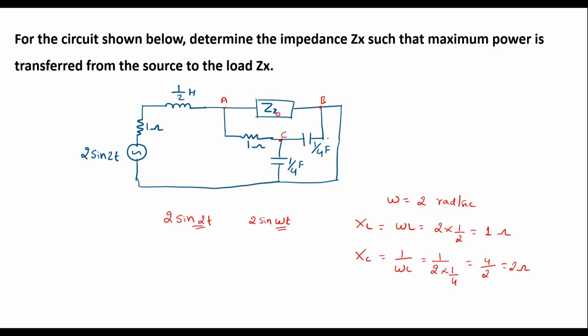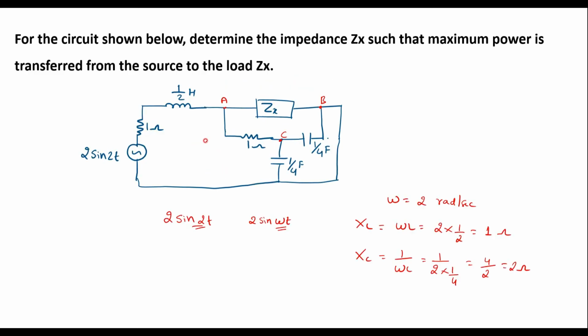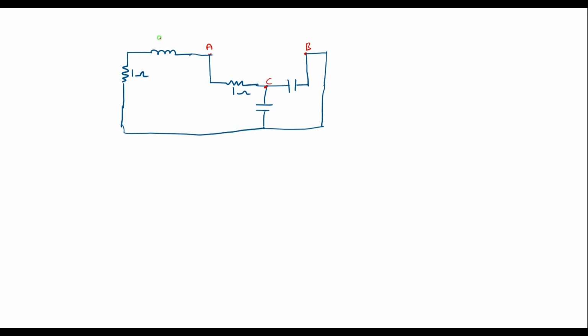Now to find Zx, we have to remove this Zx from the network and we have to short circuit the voltage source. So let me redraw the circuit. Here I have short circuited the voltage source. I will replace the inductance value, half Henry, by J1 ohm, inductive reactance J1 ohm, and this will be minus J2 ohm.